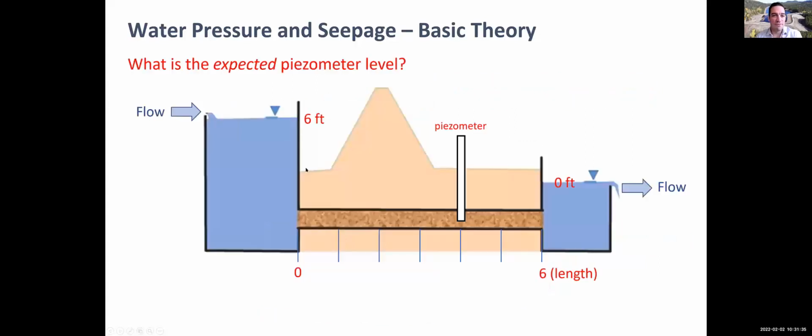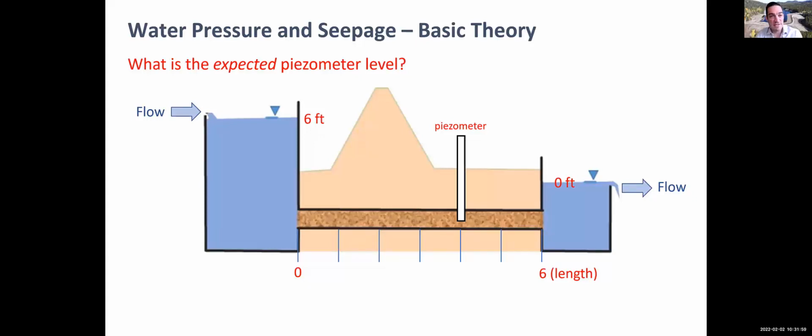So moving forward, what is the expected piezometer level? Feel free to chime in. You can send the message to me or to everyone if you want to give away your answer. We talked about head pressure, or the pore water pressure in the embankment, decreasing as it flows through the soil.